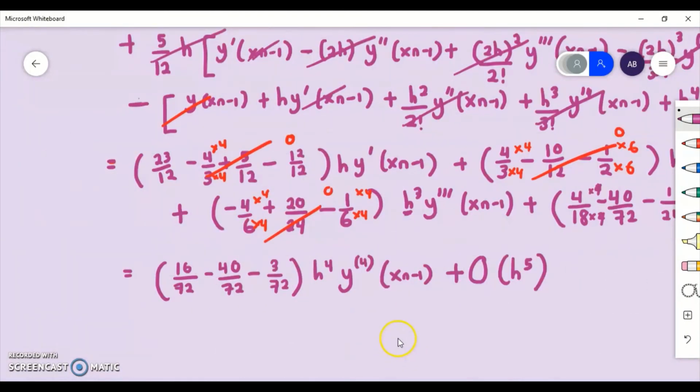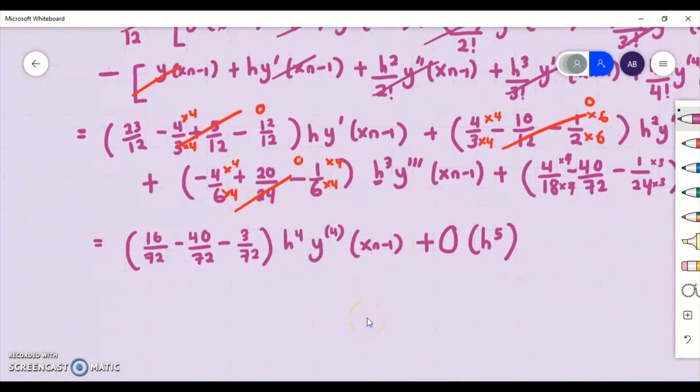Let's simplify this. What do you get? 16 minus 40 will give me 24 negative. So I have negative 27 over 72 h^4 y to the power 4 at x_{n-1}, plus order h to the power 5.